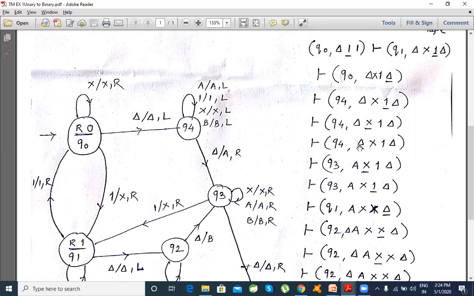And we will reach this null. Once you reach the leftmost null, it indicates that we went across our input.